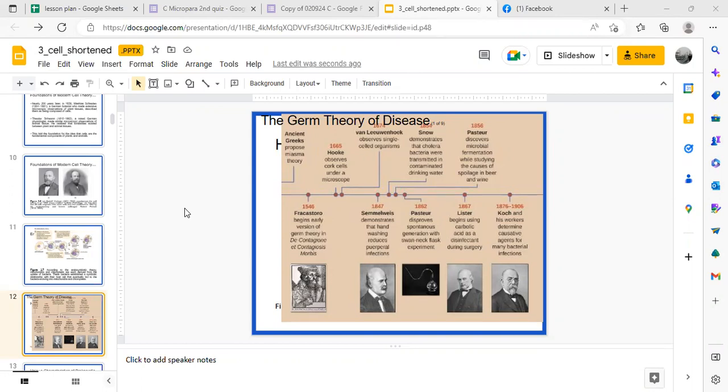So pag maghugas ka ng kamay, nakakabawas siya sa infection. And then 7 years later, you have Snow, who demonstrated that cholera bacteria was transmitted in contaminated drinking water. Yung cholera, napakaraming namamatay dun sa cholera, no? So, hindi nila alam pa paano natatransmit. So, they discovered na yung bacteria pala or yung disease ay caused by contaminated water.